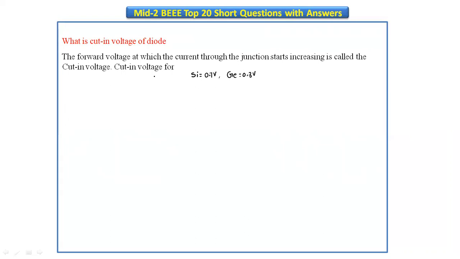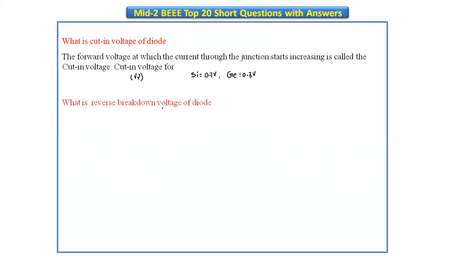The cut-in voltage is denoted by V gamma. So the voltage where the diode starts conducting is called the cut-in voltage. It is 0.7 for silicon, 0.3 for germanium.